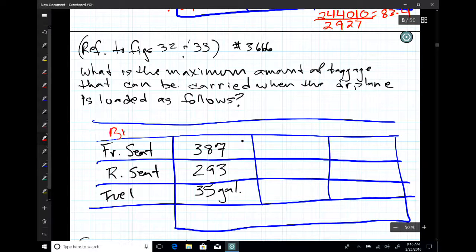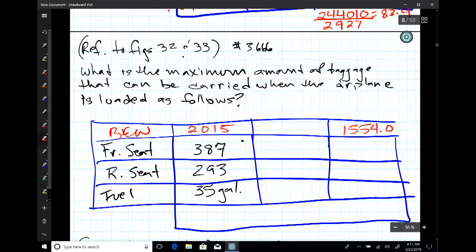We're missing our basic empty weight. We're going to add that here now, right? Remember, it's 2,015 pounds with a moment of 1554.0. Forgot to do that. Okay.